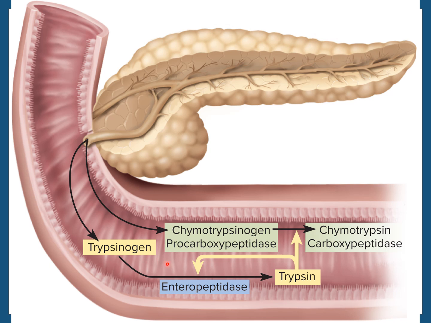Peptide means protein, and ase means that it's an enzyme that's going to break that substance down. So this is an enzyme that breaks down proteins in the intestines. So that is going to convert trypsinogen into trypsin. And now trypsin can convert the other two. So trypsin will convert the chymotrypsinogen to chymotrypsin and the procarboxypeptidase into the carboxypeptidase.